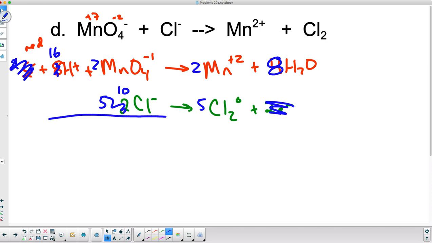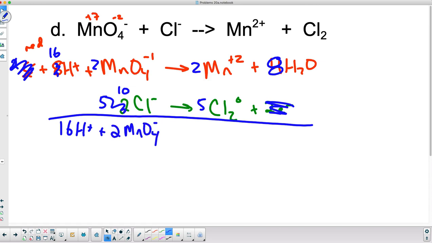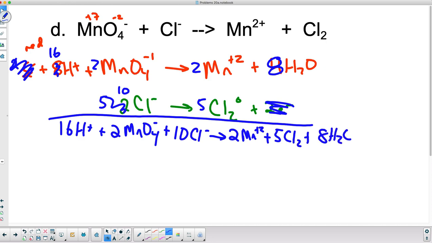So this is going to be a pretty easy, pretty quick problem. 16 H pluses plus 2 MnO4 minuses plus 10 Cl minuses. And then on the other side, I have 2 Mn plus 2s plus 5 Cl2s plus 8 H2Os.